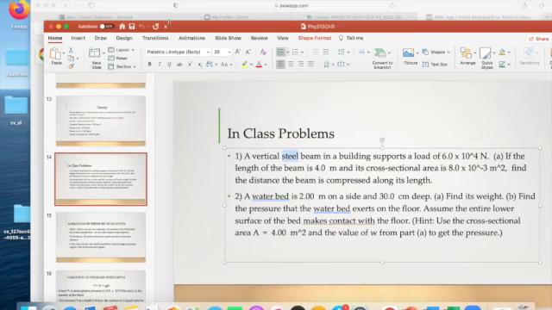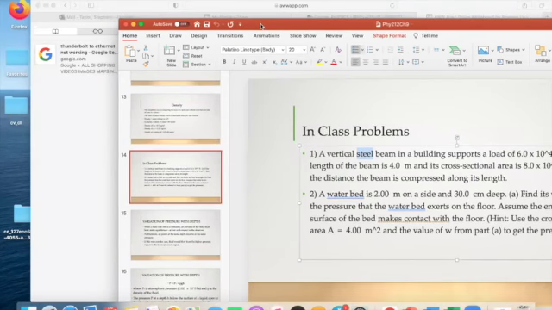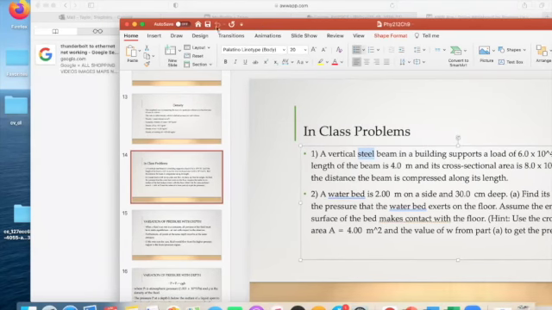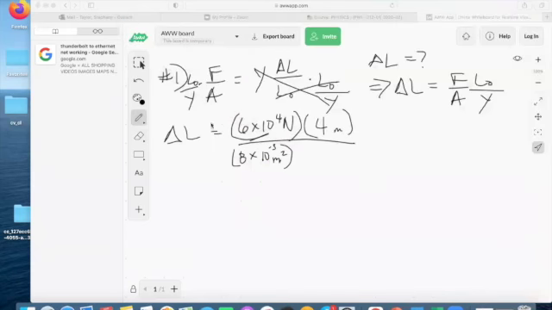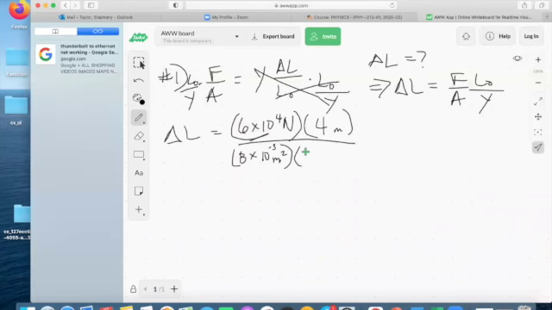So what we would need to do is to scroll up in our book to find this Young's modulus for steel, which comes out to be 20 times 10 to the 10 pascals. All right, so once you plug all of this into your calculator, you would end up getting 1.5 times 10 to the minus 4 meters.